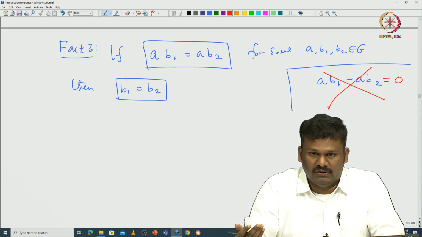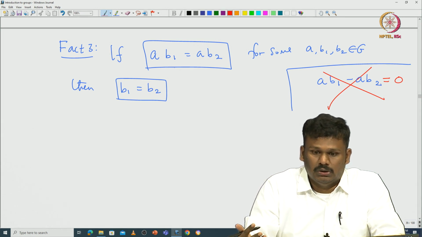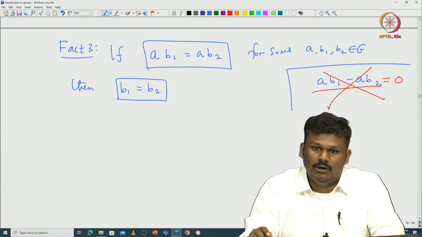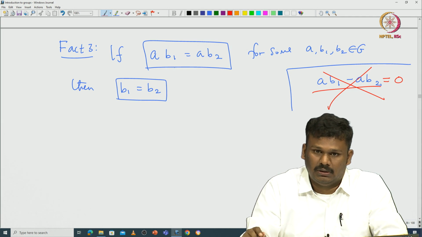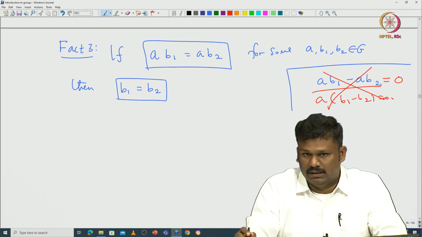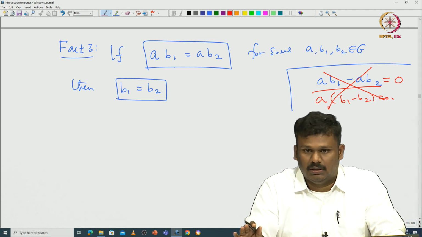By abuse of notation, instead of A star B1, we are writing A B1. So there is no meaning of subtracting AB1 minus AB2 and so on. And you can't take A out, like B1 minus B2 equal to 0 and then cancel A. Those things are not allowed.